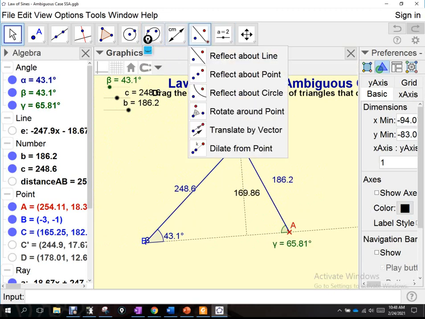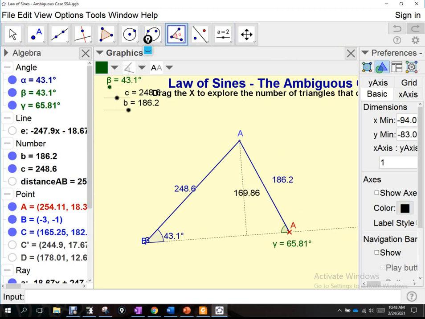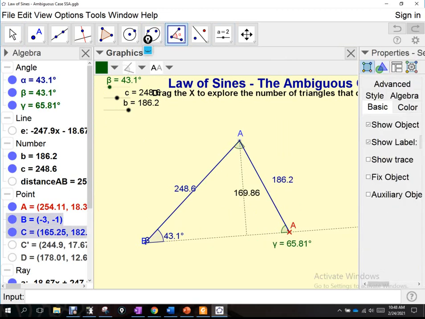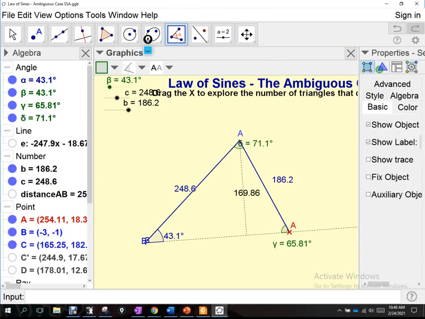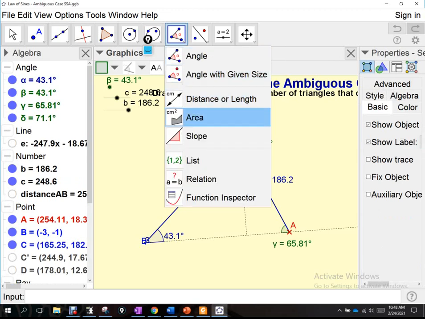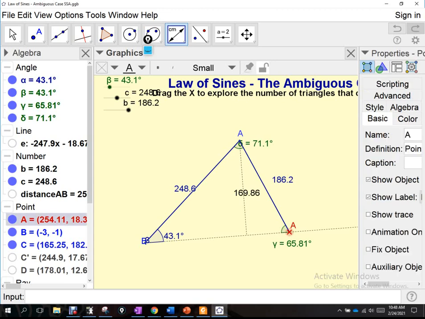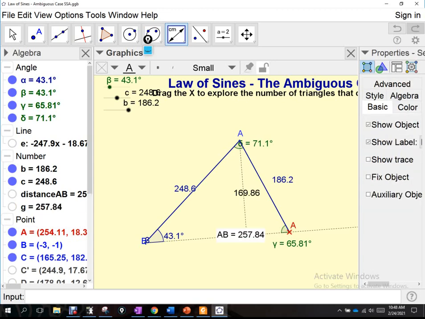And you find out also that if you do that, that angle up there was 71.1, we had 0.08, and you found distance C right here to be 257.84. That's what we found, right?